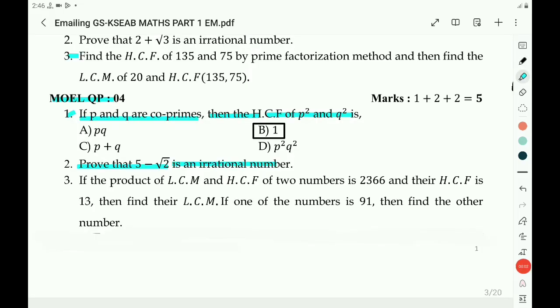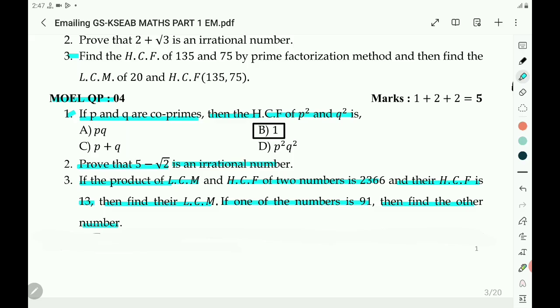Next question, third question of the fourth model question paper. If the product of LCM and HCF of two numbers is 2366 and their HCF is 13, then find their LCM. If one of the numbers is 91, then find the other number.